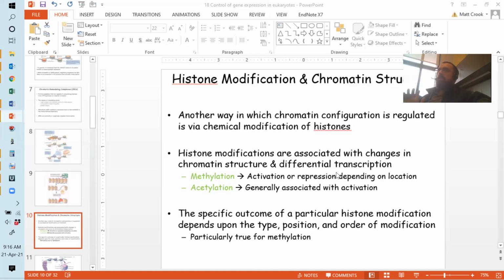Now that's a pretty major simplification because it depends which lysine and where that is in DNA. And that's really just the case for acetylation. When we're talking about methylation, that's even more complex, right?